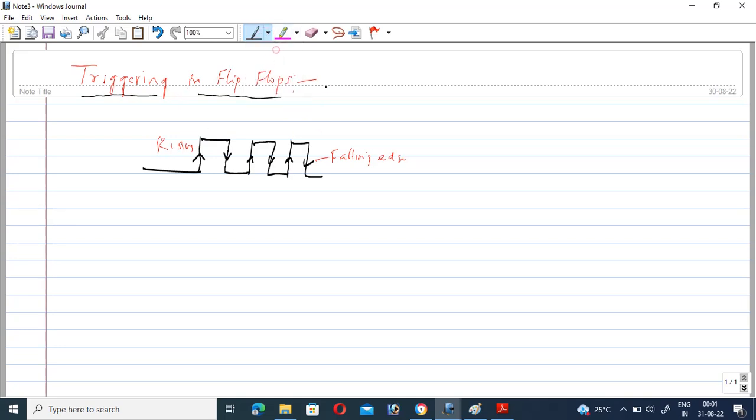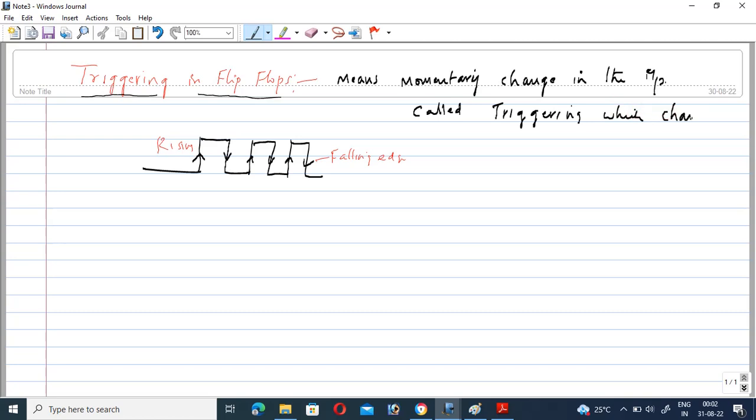A momentary change in the input is called a trigger, or triggering, which changes the state of the flip-flop.